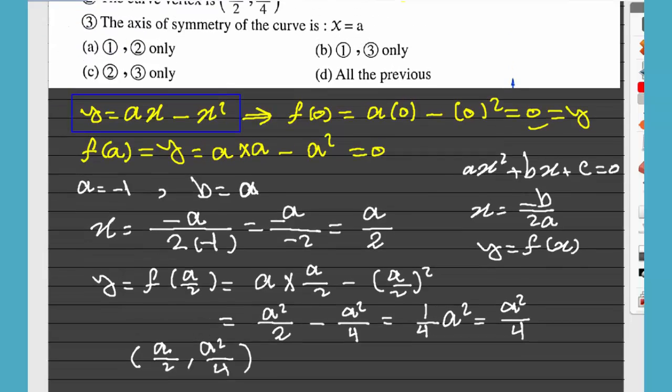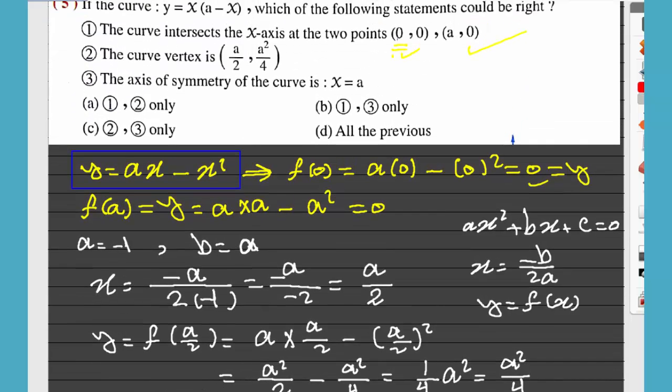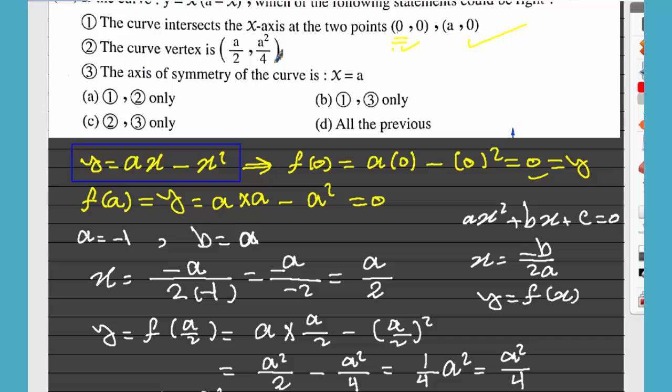So a over 2 and a squared over 4 is the curve vertex. Okay, this is another right solution.